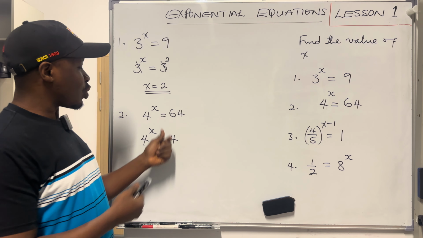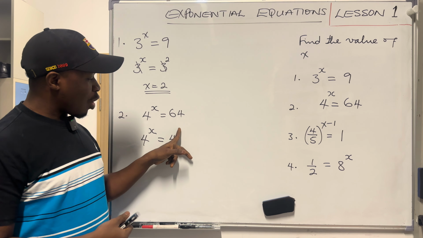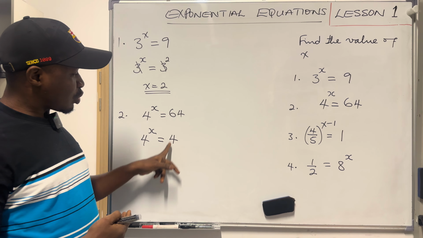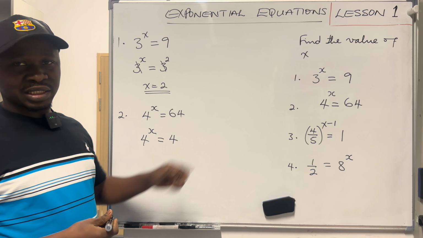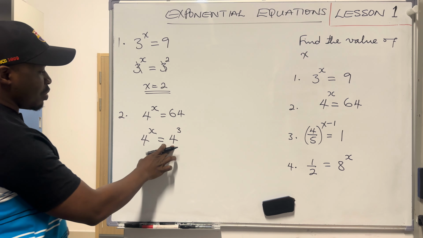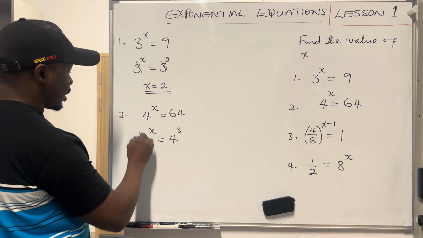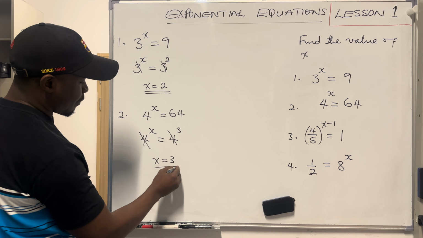For example, 4 to the power 1 is just 4. 4 to the power 2 is 16. 4 to the power 3 is 64. So we use power 3. Base 4, base 4, one term, one term. So x equal to 3.